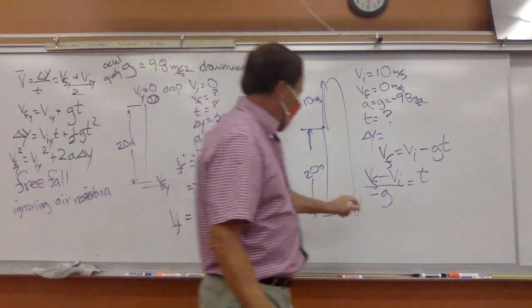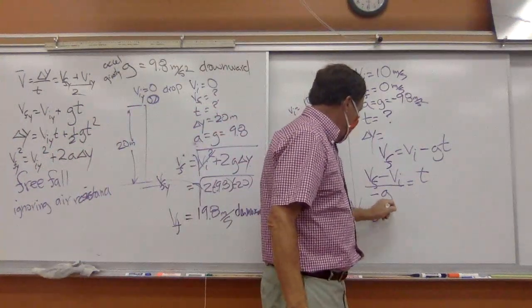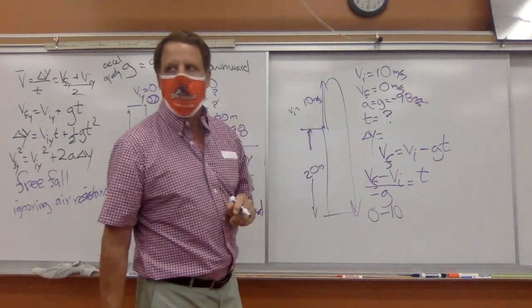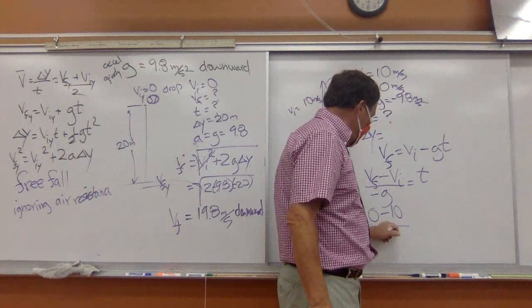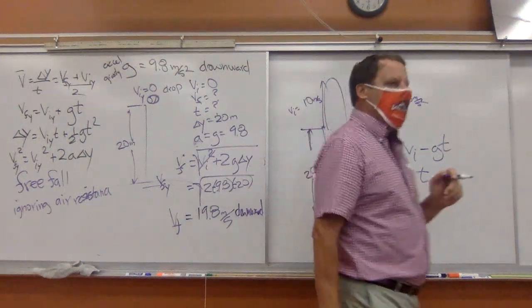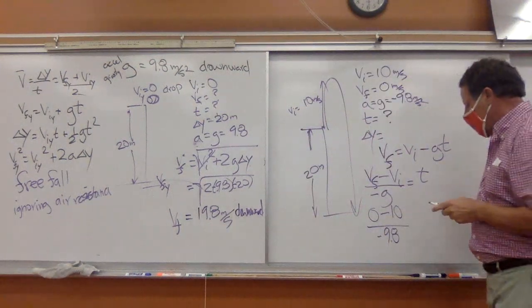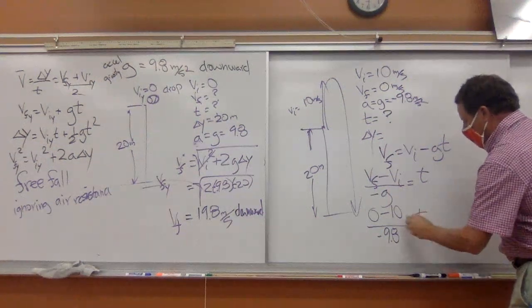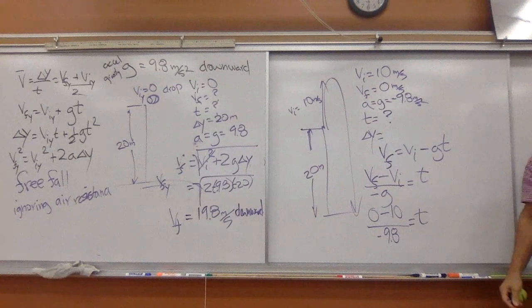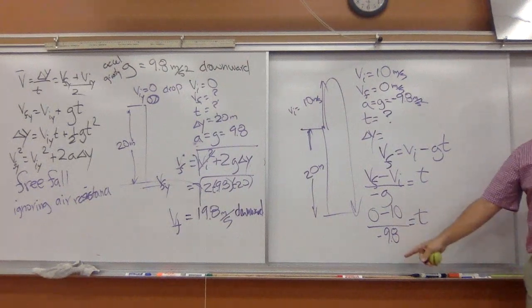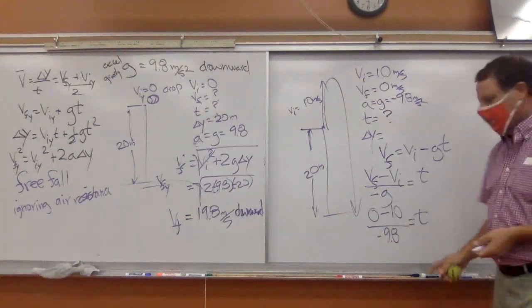So now we're going to say 0 minus a positive 10 divided by a negative 9.8, and the two negatives are going to cancel out and give me positive.